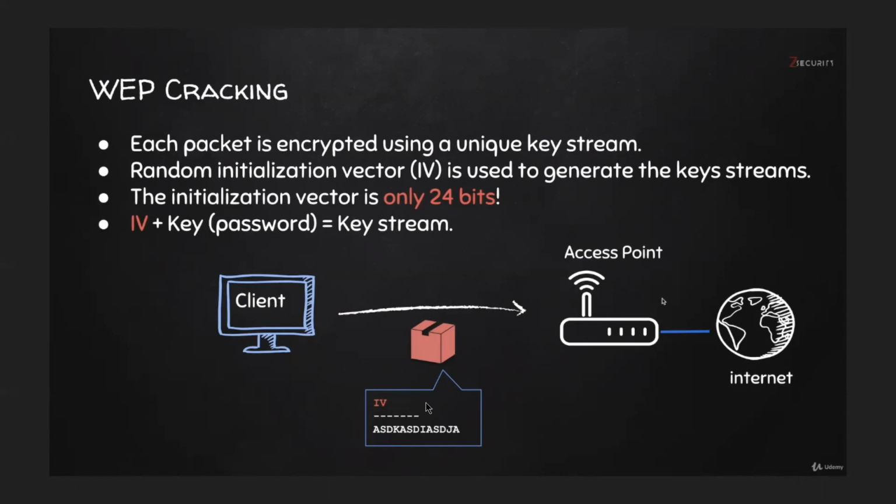Basically, all the packets will have this key stream with them. So an app called Aircrack will read the pattern of this key stream and separate the IV from the password. We'll have a look into it.